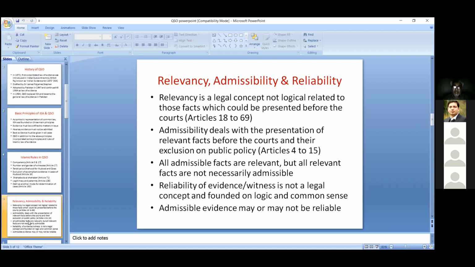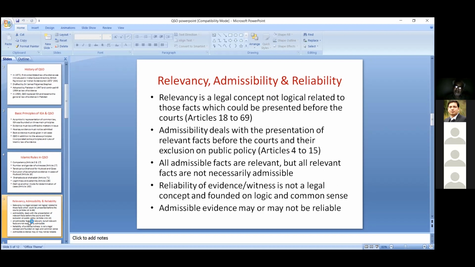Because in common law, they still prefer logical relevancy over legal relevancy. In the UK and elsewhere, in Australia, their rules haven't exhaustively laid down the list of relevant pieces of evidence. So what they encourage to be presented before the court should be logically relevant.